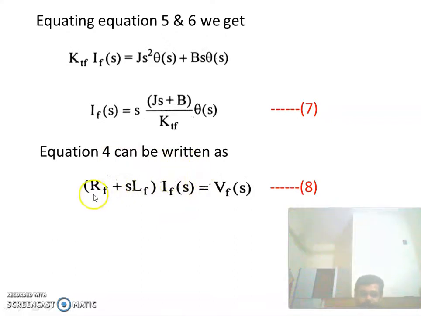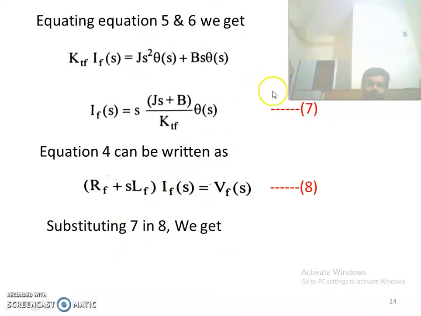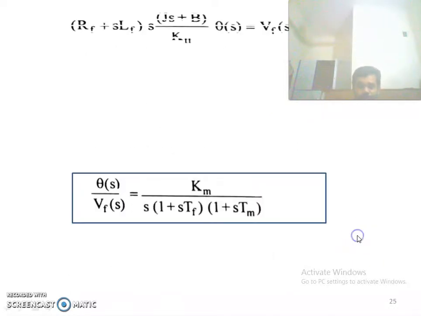So, we will be getting Rf plus s into Lf into If of s is equal to Vf of s. Now, we are going to substitute the value of If of s from equation 7 here. So, when you are substituting 7 in this equation, you will be getting Rf plus s into Lf into s into Js plus b divided by Ktf into theta of s is equal to Vf of s.